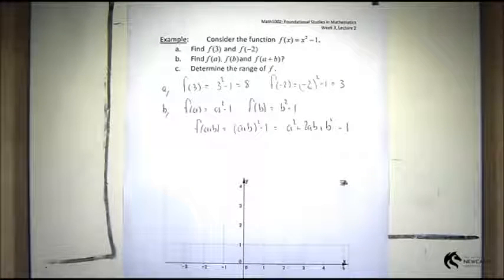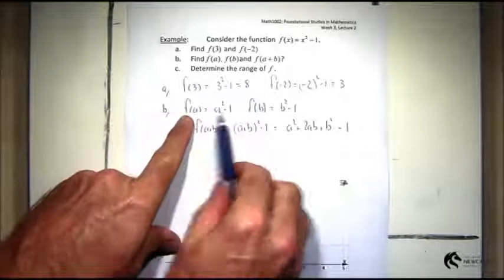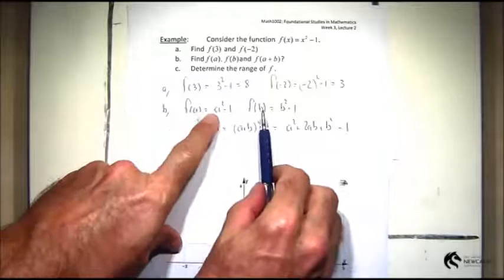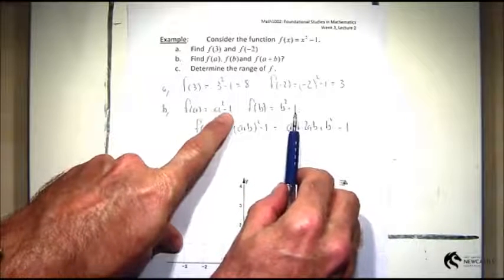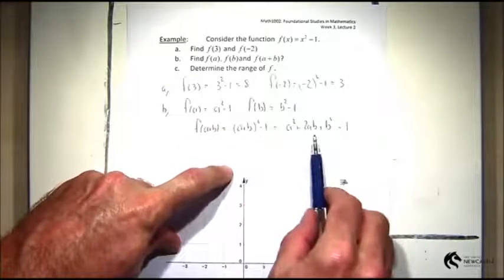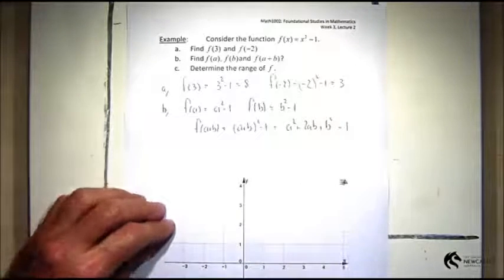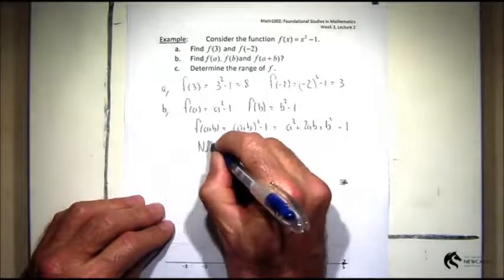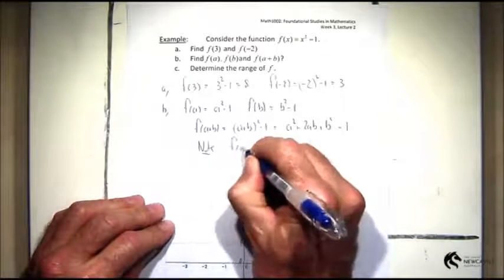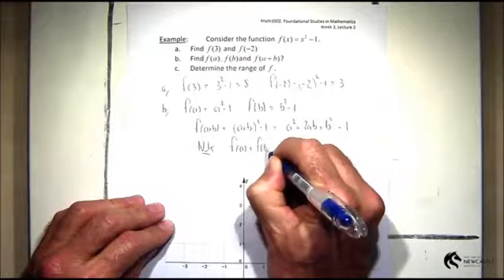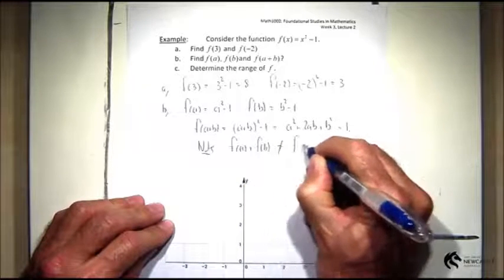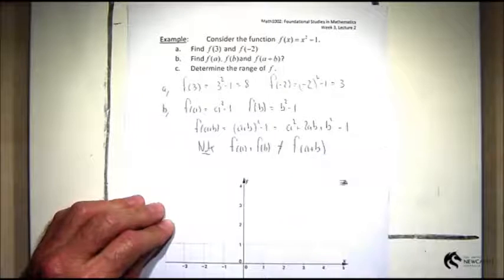Importantly in this case, notice that if I went f(A) + f(B), that would be A squared plus B squared minus 2. Definitely not that. So note, f(A) + f(B) is not the same as f(A + B).